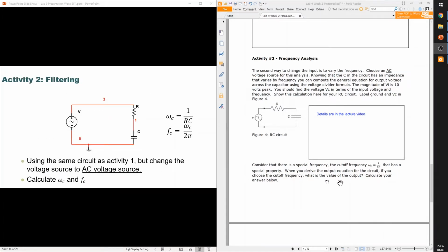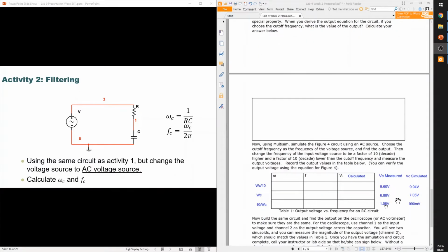And then you need to calculate the cutoff frequency of the circuit here, and then plug in the cutoff frequency to the equation we derived here, and see what is the input-output relationship at the cutoff frequency here.